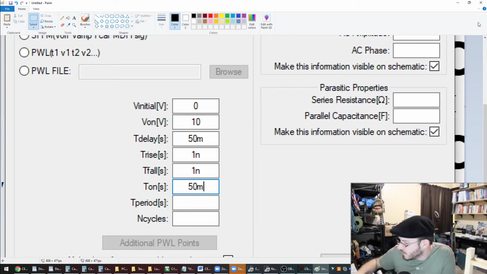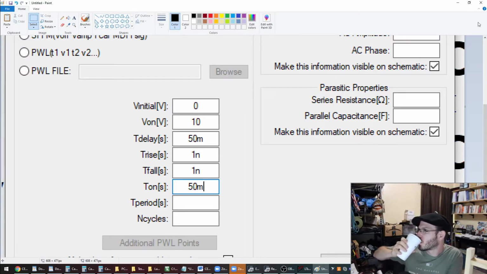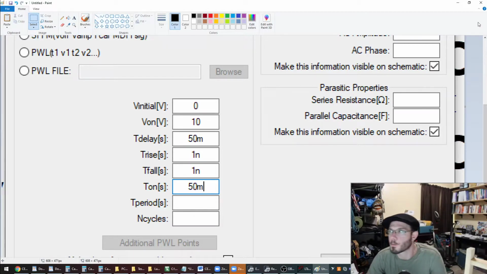I'll do about 30 seconds here. So this will be cool because we're going to run the LT Spice simulation with the values that I actually have in my breadboard, and then we'll see it live on the oscilloscope.